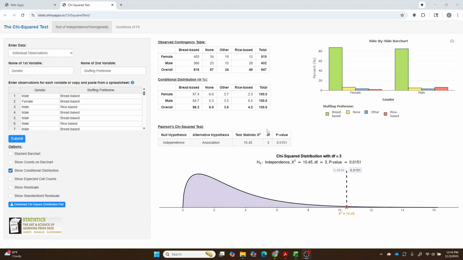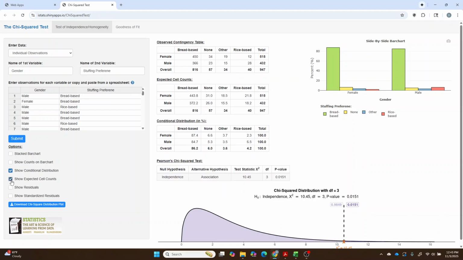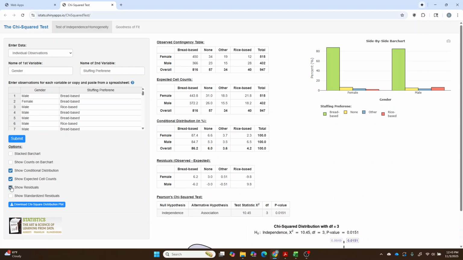So let's head back over to Art of Stat. We can look at the expected counts and the residuals. Those would be useful, okay? Because the residuals are just the observed minus the expected, so we can see what the differences are. It looks like the biggest difference is with rice-based stuffing.